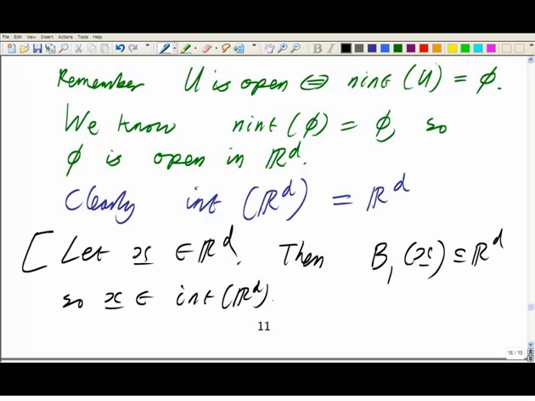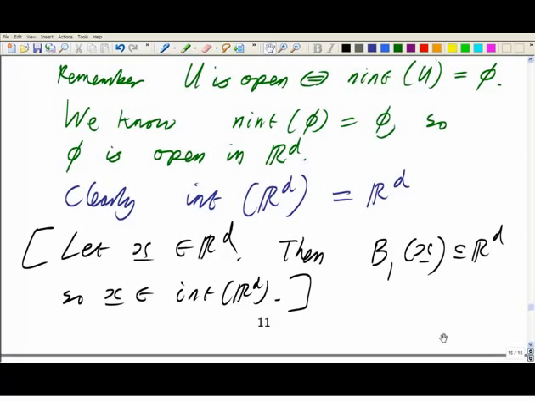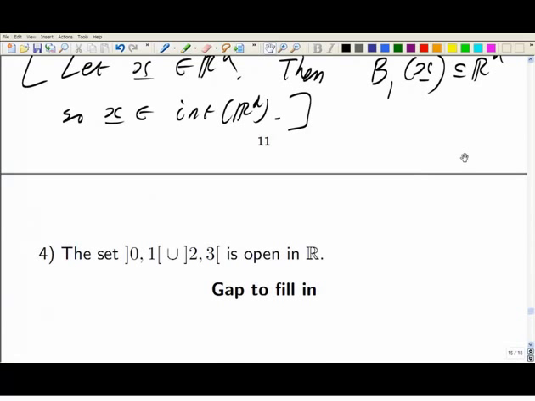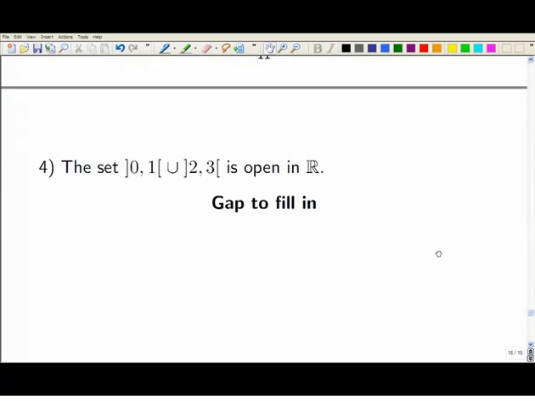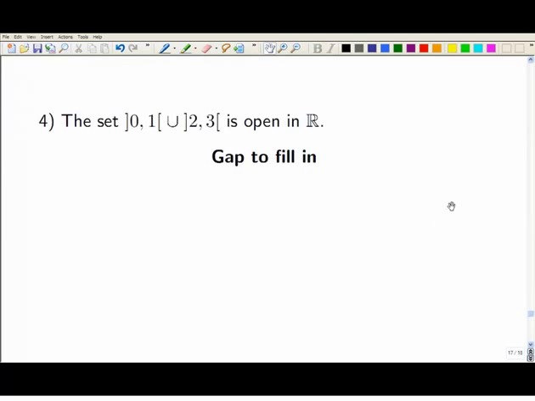Then the ball of radius 1 centered on x is essentially by definition a set of points in R^d. So x is in the interior of R^d. That's how you prove it if you had to. Doesn't have to be 1. You could use any positive real number you like, and it would still work.